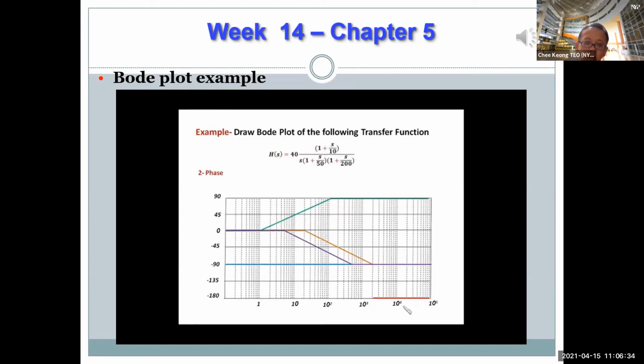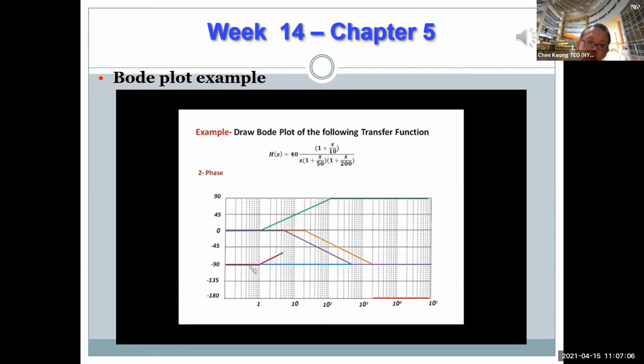Now we're going to add all those lines graphically. From 0 to 1, I only have the offset, which is minus 90 degrees. So that's what I have, minus 90 degrees until I hit 1. And then from 1 to 5, I will have plus 45 degrees per decade. So I will draw a straight line from 1 to 5 that gives me plus 45 degrees per decade.